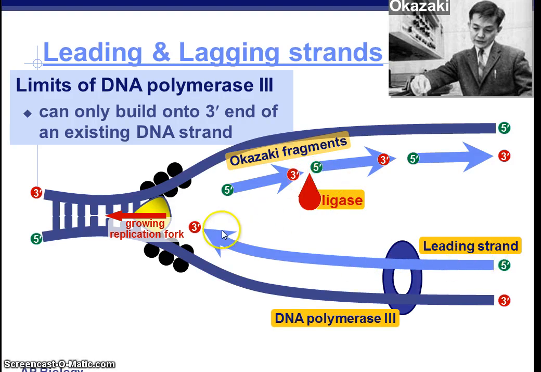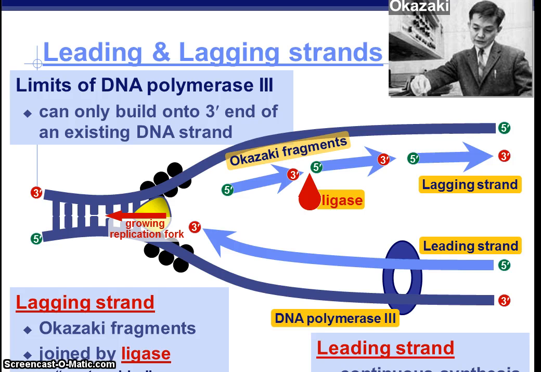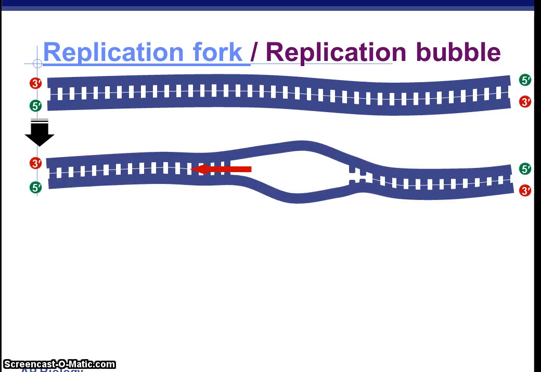So you have your leading strand and your lagging strand. The leading strand has continuous synthesis. The lagging strand has to be joined by ligase. So you get your bubble here.